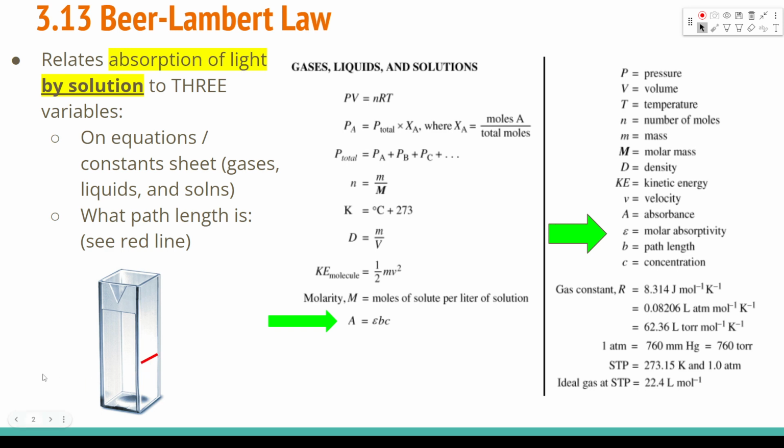That is where the light is going through, how long that light goes through the cuvette. We will talk about this cuvette more in a couple moments. So you need to be able to use this equation and plug and chug depending on what values are given to you. Cool. So, what the heck is a cuvette? Like, what the heck is this machine?